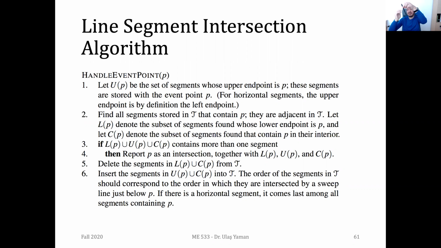We may have some segments whose internal regions might be containing the event point P. So we have 3 subsets: U of P, L of P, and C of P.